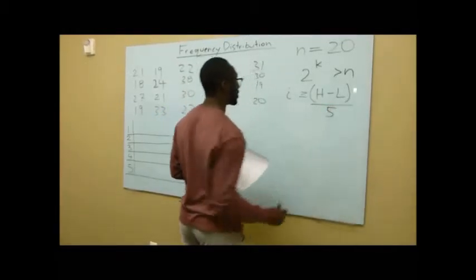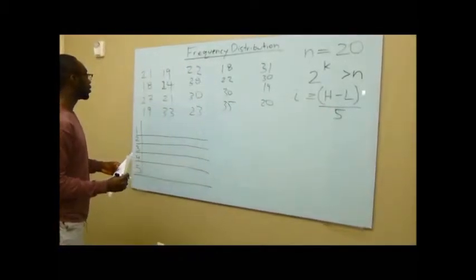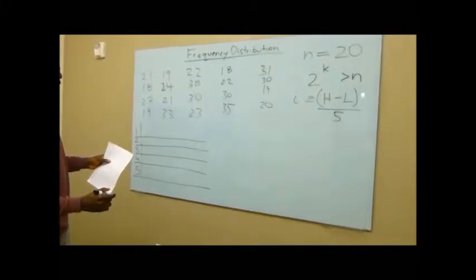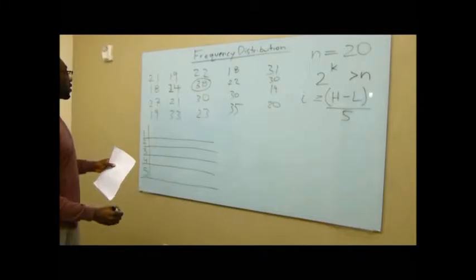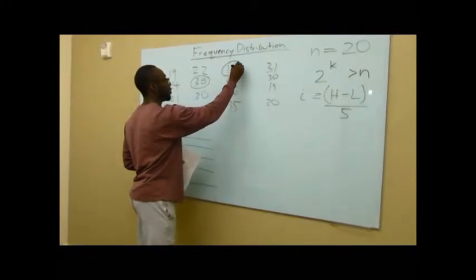Let's identify the highest number and the lowest number. It looks like the highest number is 38, and the lowest number in this data group is 18.